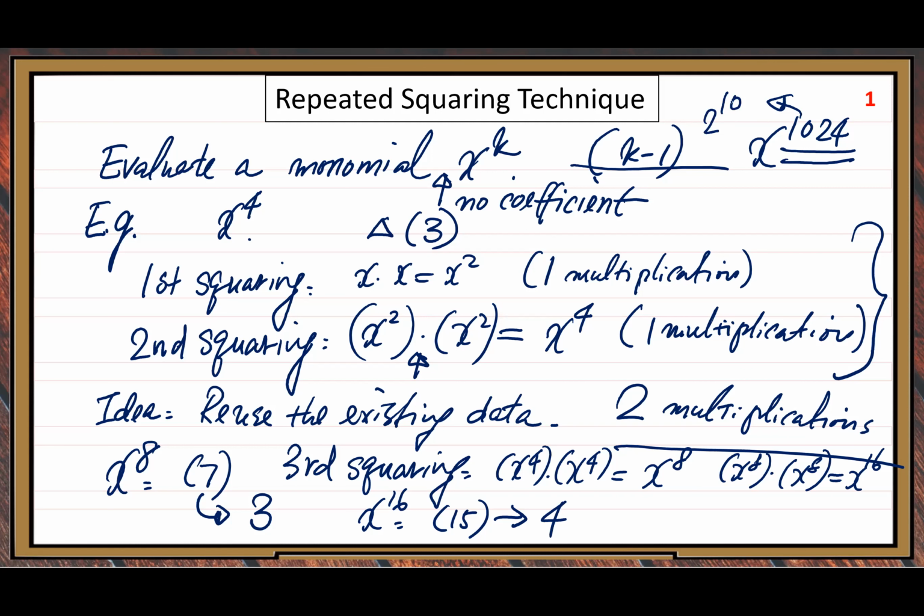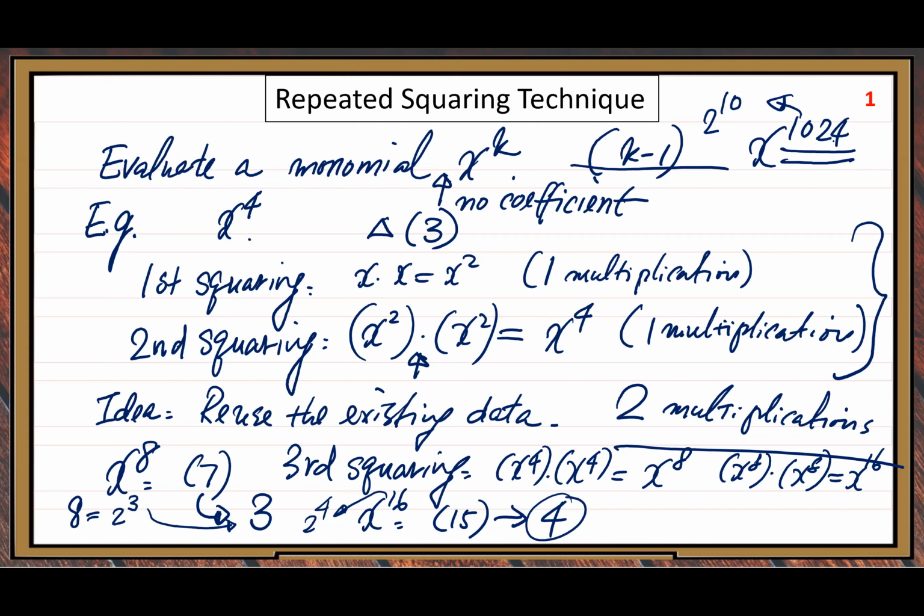Think about our old solution. 8 equals 2 to the 3rd, and the answer is 3, all right? 16 equals 2 to the 4th, and the answer is 4, right?